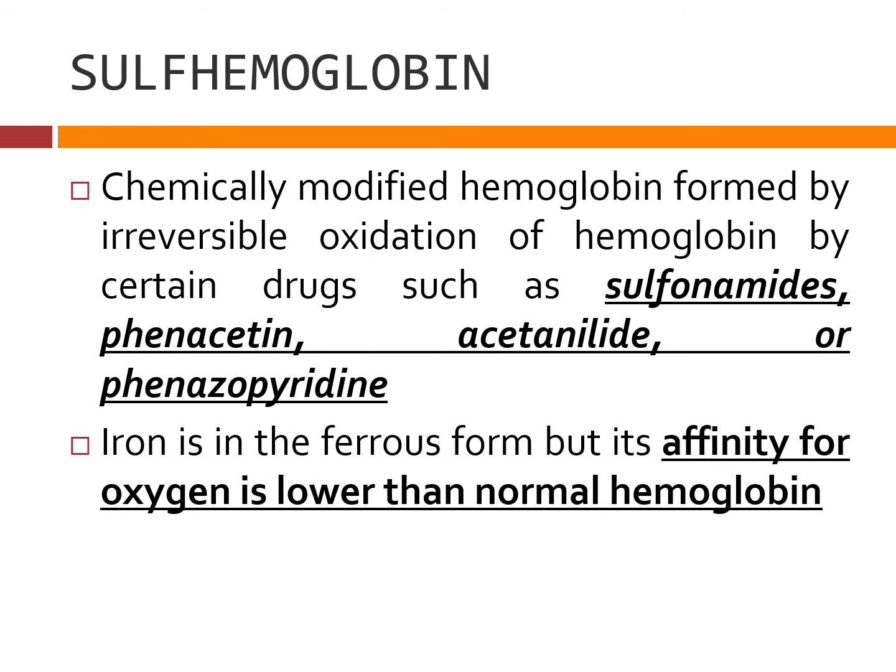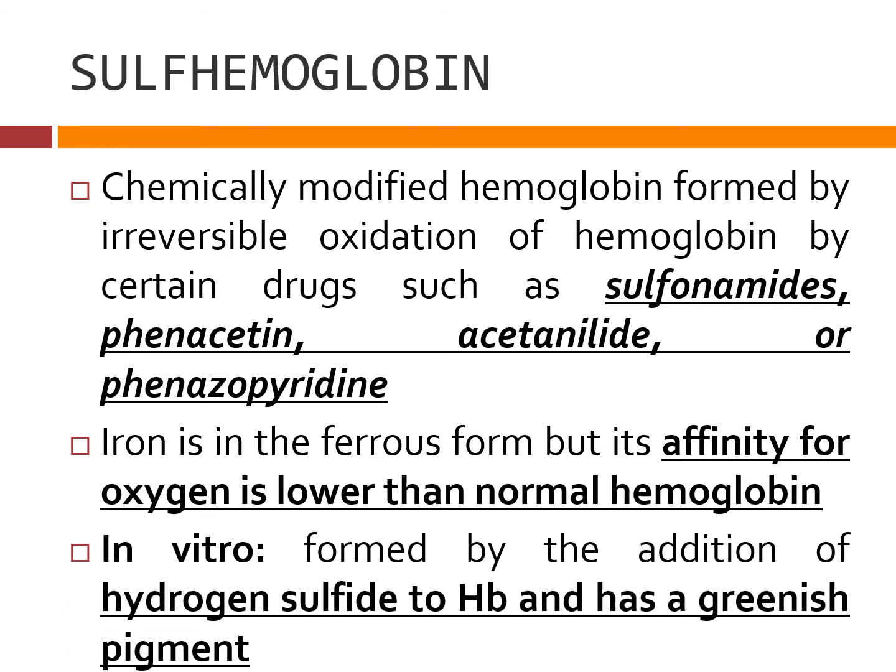Your iron here is in ferrous form, but its affinity to oxygen is lower than normal hemoglobin. Outside the body, or in vitro, it is formed by the addition of hydrogen sulfide to hemoglobin and has a greenish pigment.